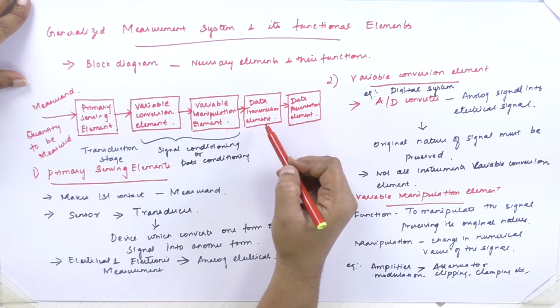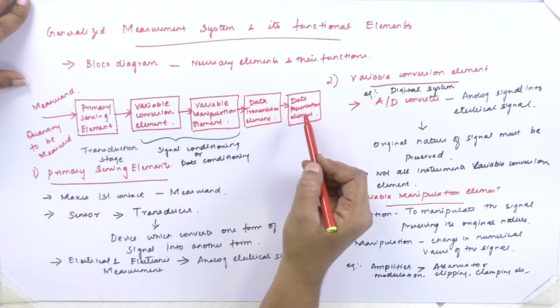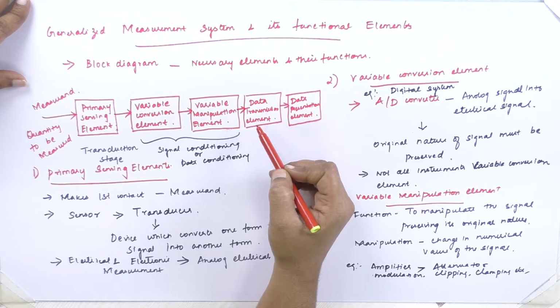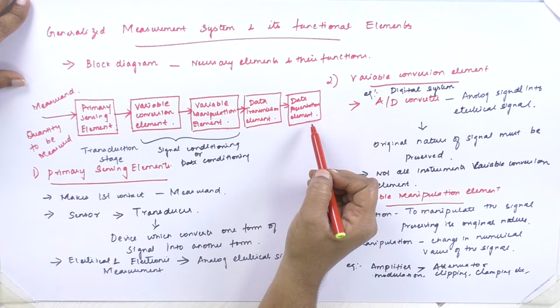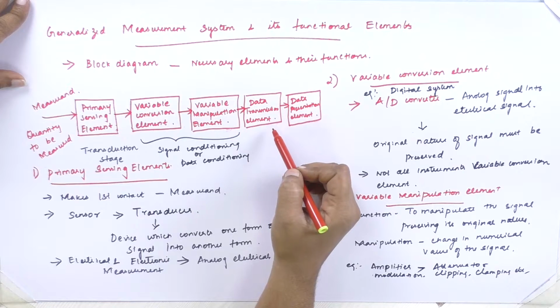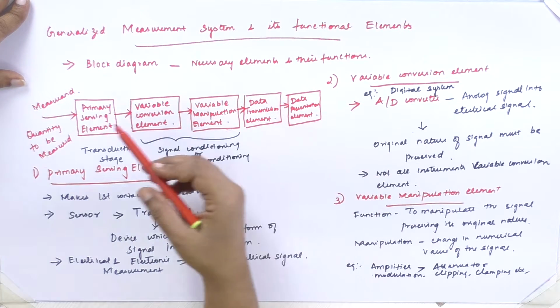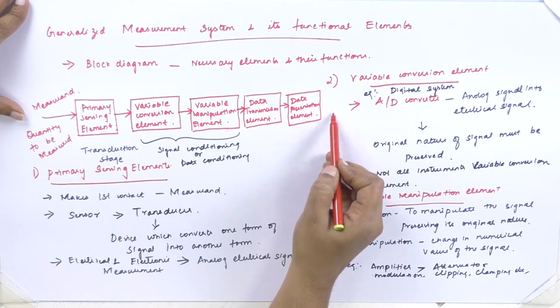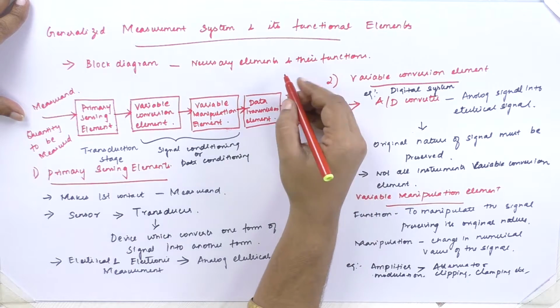Why we need this data transmission element is, if two elements are not interconnected with each other, we need a data transmission element in order to transfer the signal from the variable manipulation element to the data presentation element. Finally, the data or the quantity which is to be measured will be presented with the help of this data presentation element.